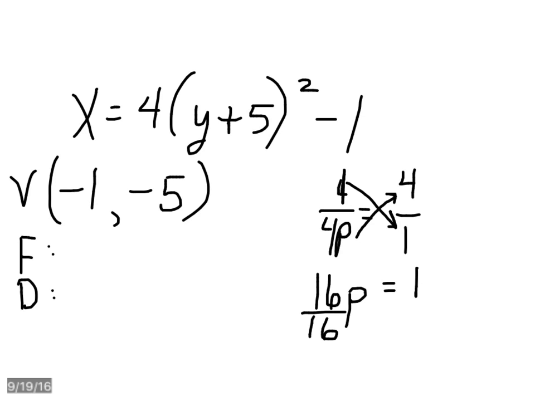Divide by 16, and what do I get? p equals 1/16, not 16. Be very careful. Okay? So now we are adjusting the x coordinates as you guys told me. The first one we have to add a 16th. What's negative 1 plus a 16th?